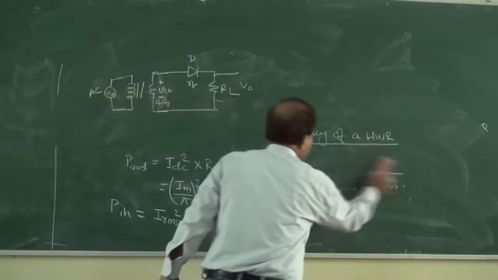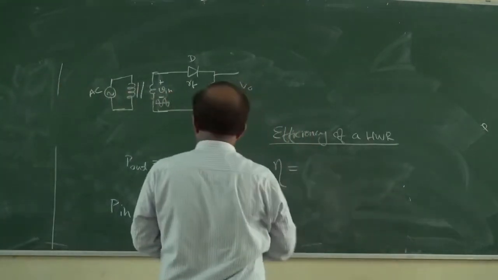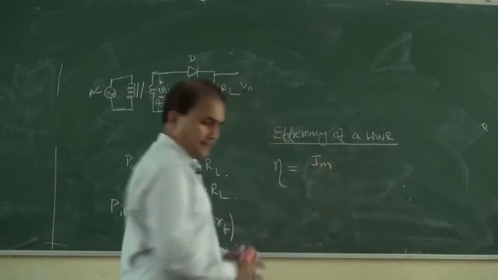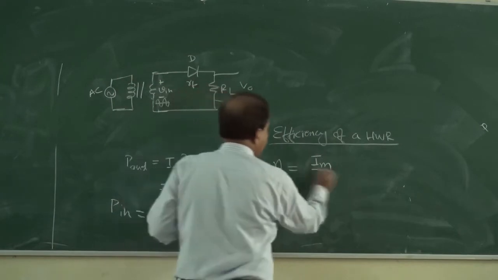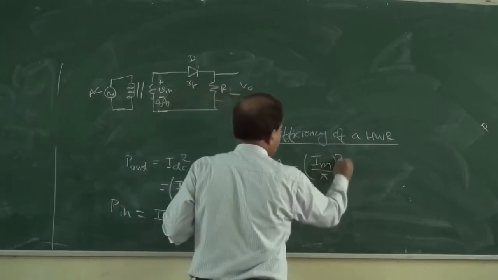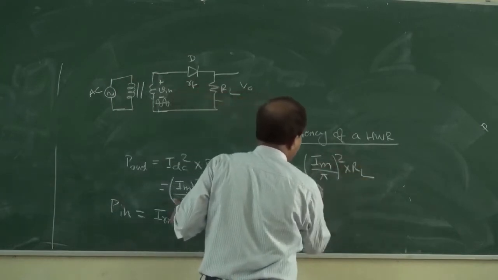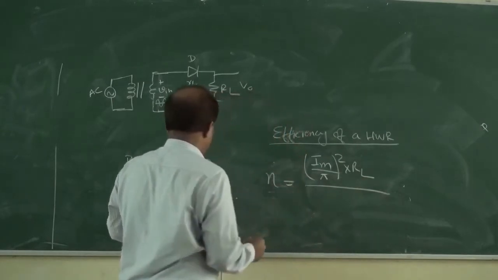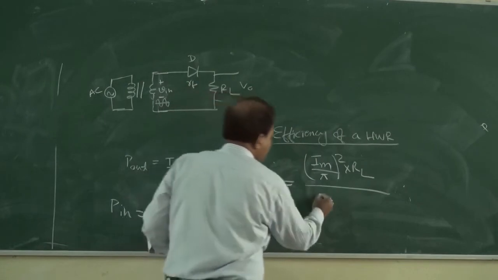So efficiency, it will be equal to how much? Efficiency is equal to Im by pi square into RL divided by IRMS square.